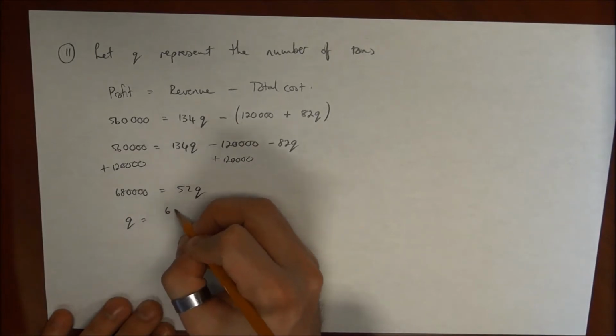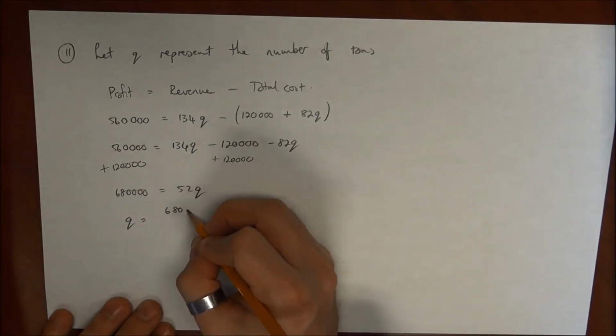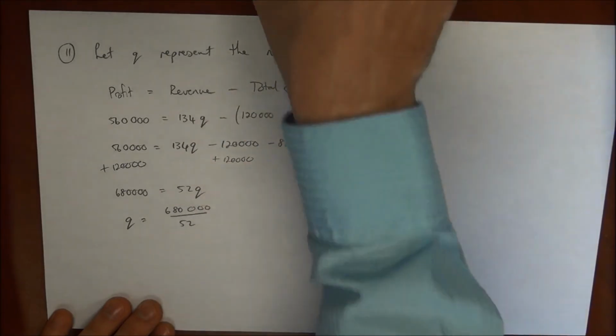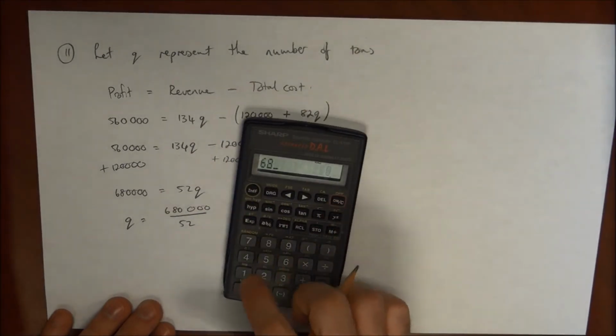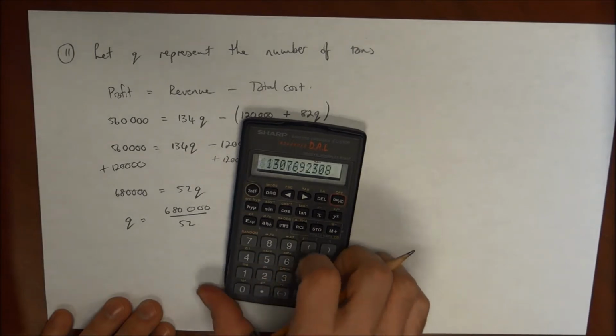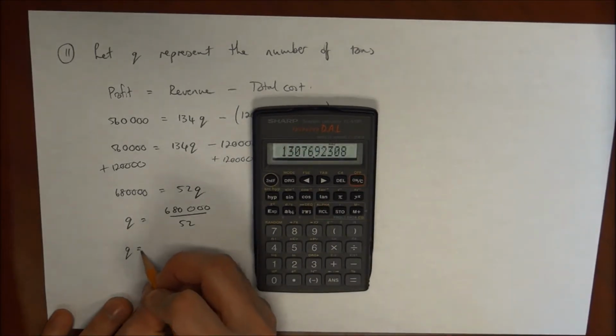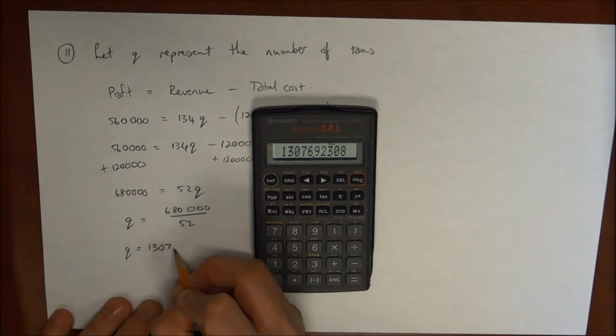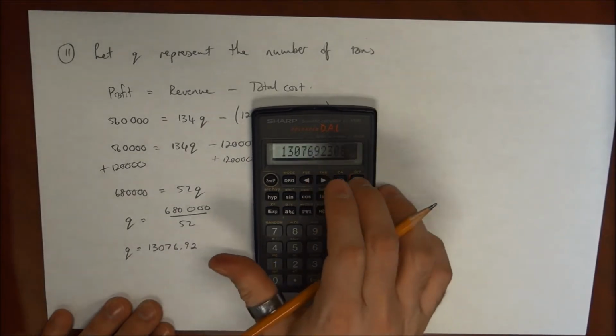So Q is equal to 680,000 over 52. Let's do that and see. 680,000 divided by 52. Q is equal to 13076.92, more or less.